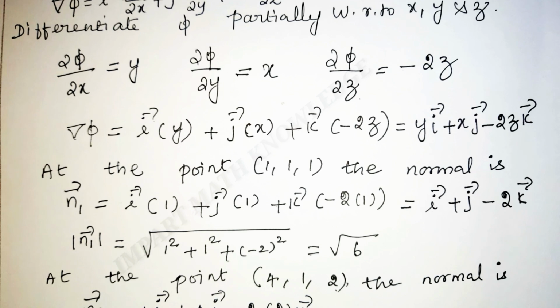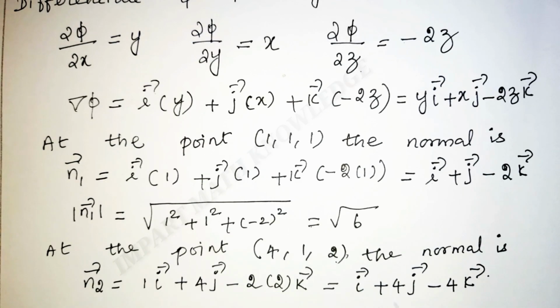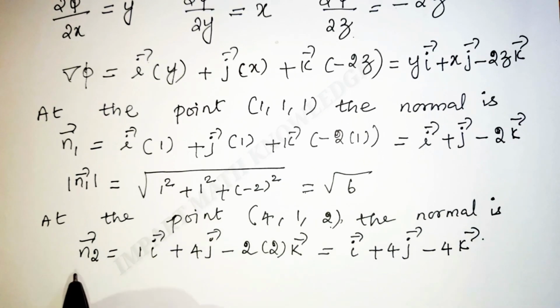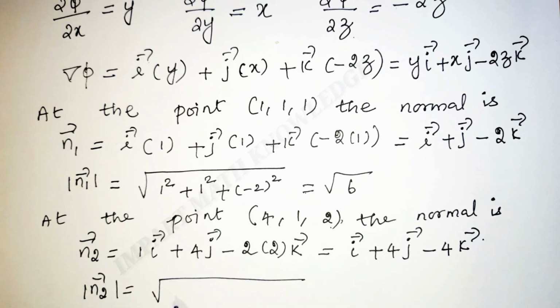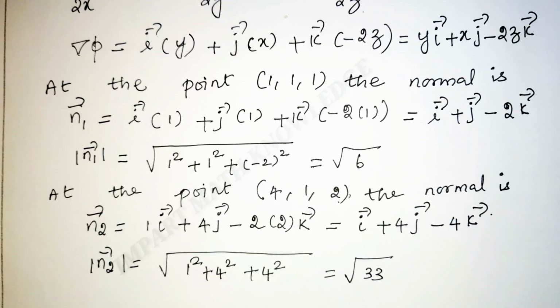So n2 vector is i vector plus 4j vector minus 4k vector. Modulus of n2 vector is square root of 1 square plus 4 square plus 4 square. So the value is root 33. n1 vector, n2 vector, modulus of n1 vector and modulus of n2 vector is over.